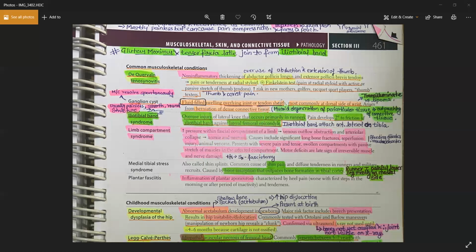It could be a tendon sheath, it could be a joint capsule, it could be a bursa sometimes. So bursa, joint capsule, tendon sheaths, degeneration of these tissues can lead to the herniation of the contents, and as a result, it will appear as the cyst, which is filled with the fluid, and it is known as the ganglionic cyst.